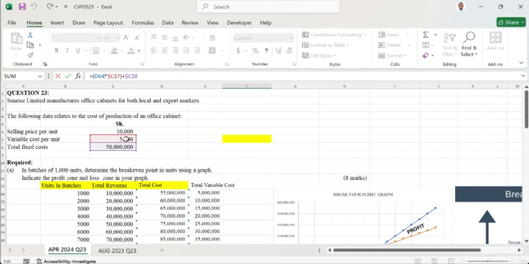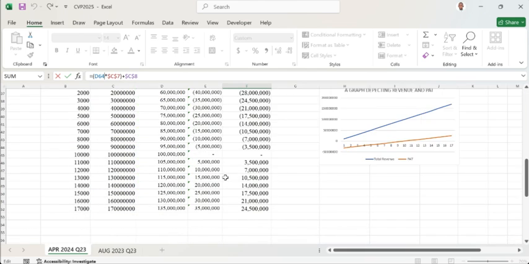Find for me the PBT, which is equivalent to revenue minus total cost. Mine is still misbehaving. Umesema tuna lock wapi tena? We take 10,000. We multiply with the variable cost per unit, which is 5,000.